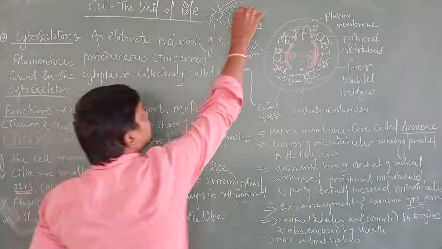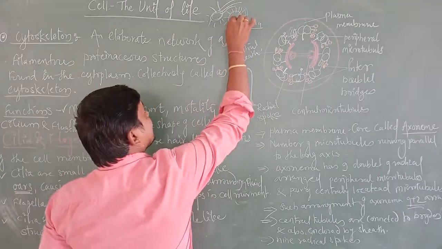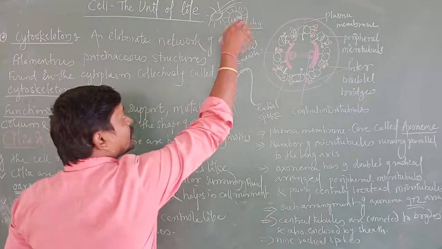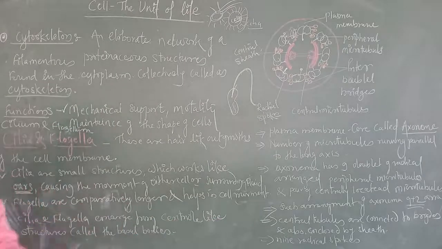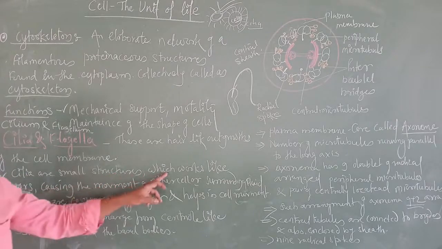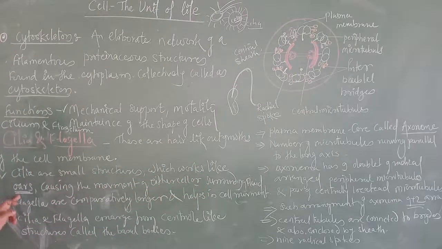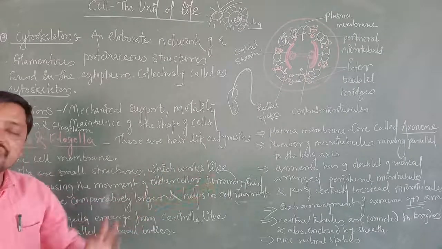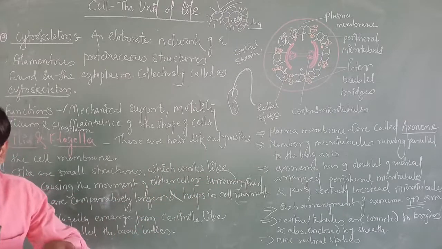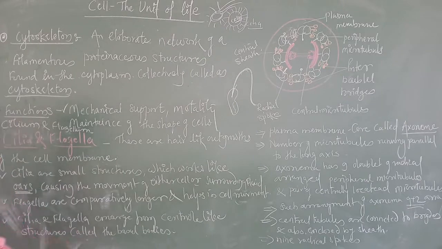They help the cell to move, or else they make a movement in the fluid in which they are present. Understood? Cilia are small structures which work like oars, causing movement of either the cell or the surrounding fluid.